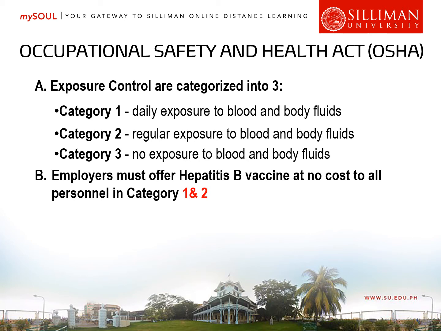So employers of a certain laboratory must offer hepatitis B vaccine for free to all personnel in categories 1 and 2 since they are always exposed to specimens with visible blood or specimens that are body fluids in nature.